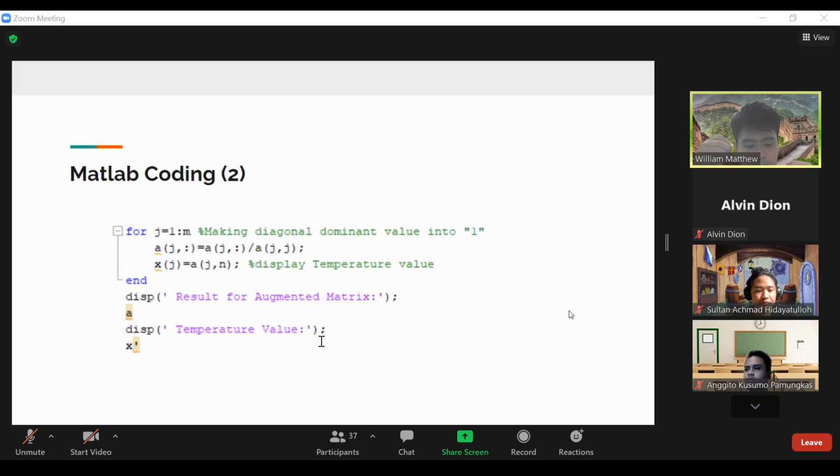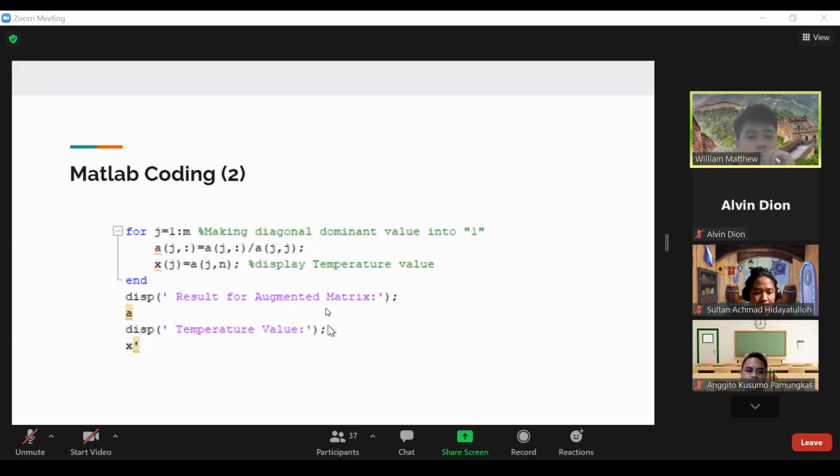So to make sure the diagonal element will be 1, the right side of the matrix, which is the result of the temperature, will be divided by the diagonal element value.